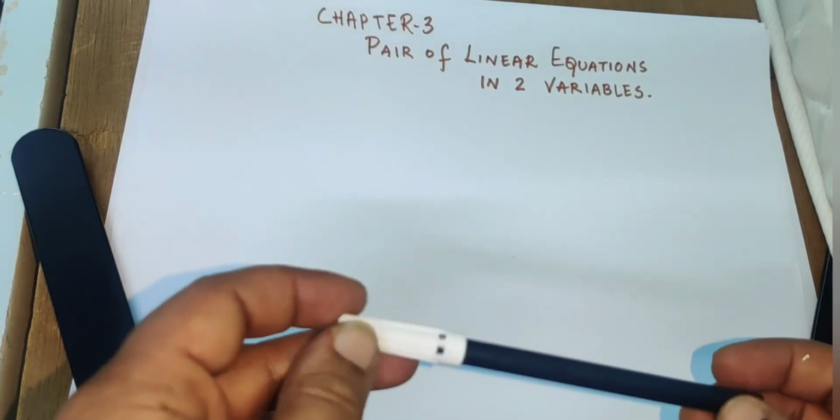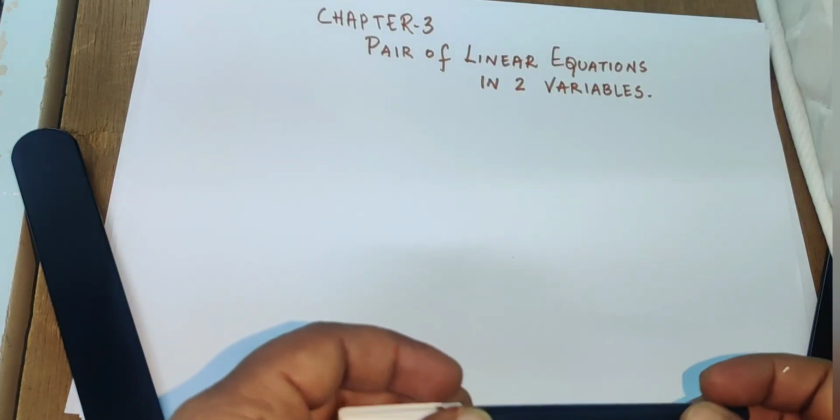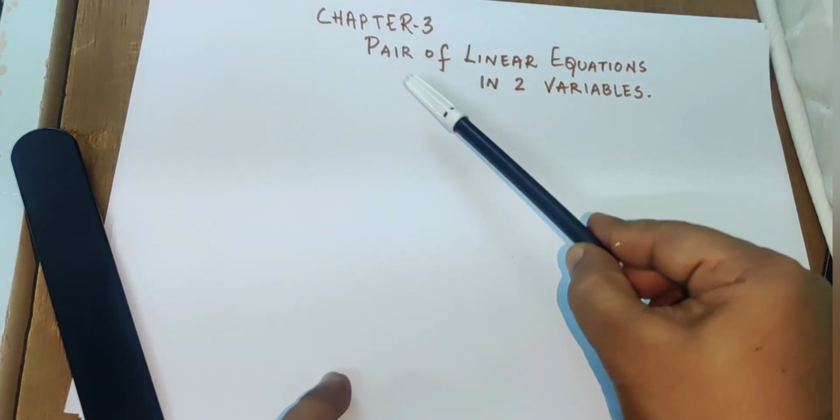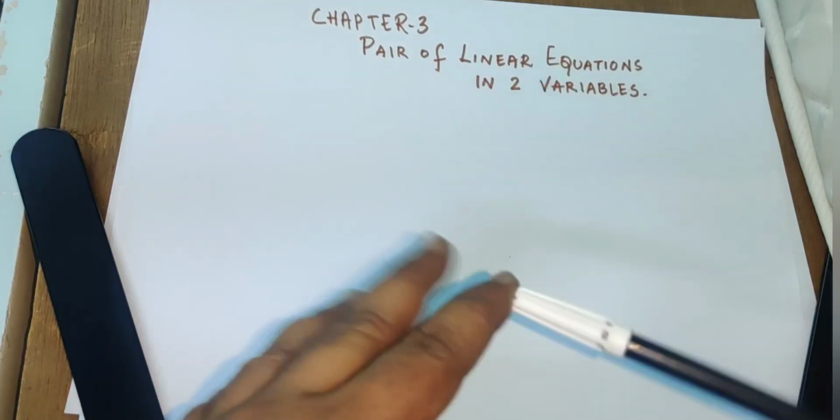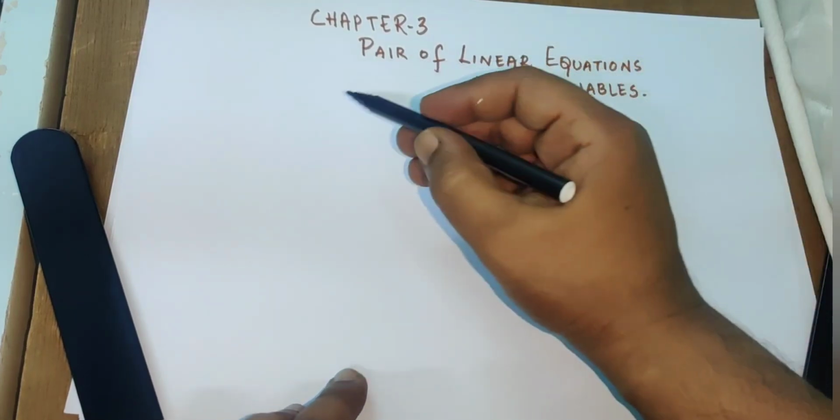You're watching Math Pile. Today we are going to continue the 10th math chapter number 3, pair of linear equations in two variables. So what are the things to be discussed in this lesson part?